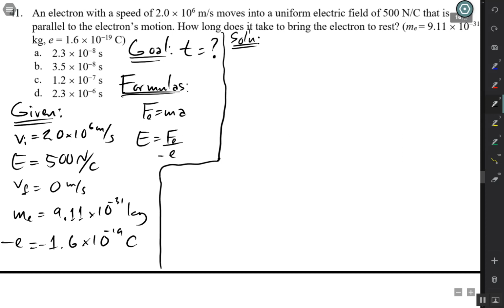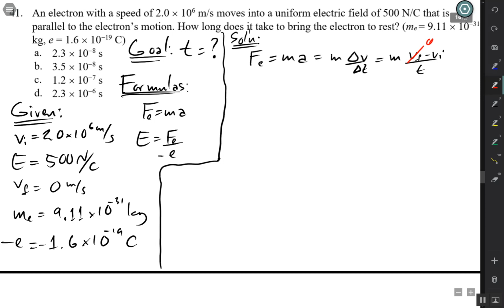Okay, so first, I'll play around with this. F equals MA, but acceleration is delta V over delta T. Or in this case, it's just V final minus VI over T. But what is our final speed?